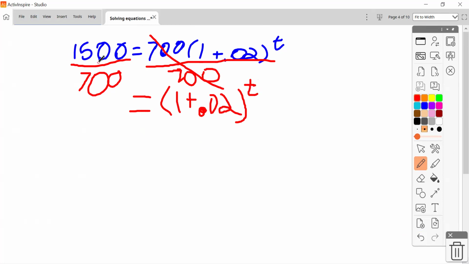Then on the right, you can divide 1500 by 700. You can actually do that in your calculator. You can chop off the shared zeros and get 15 divided by 7. You want to punch it in that way, but I know off the top of my head that's 2.143.